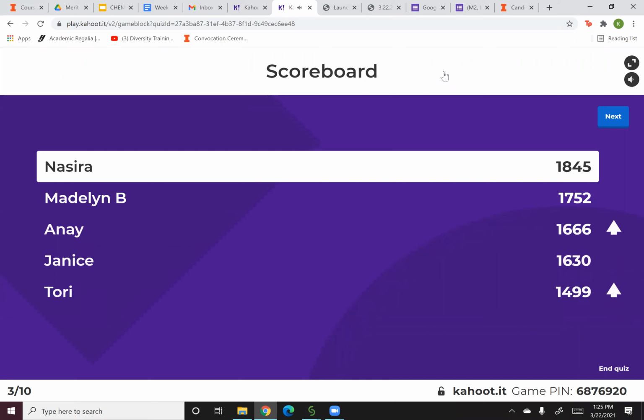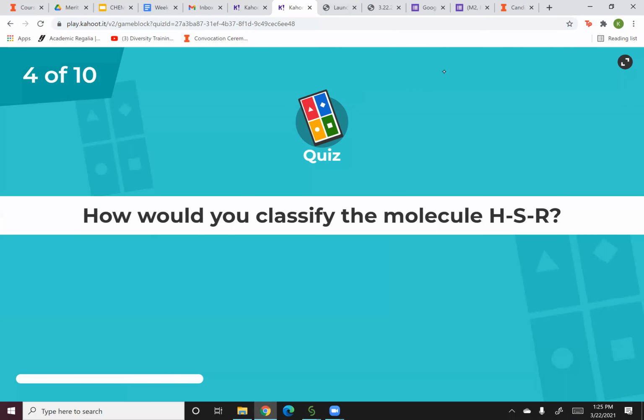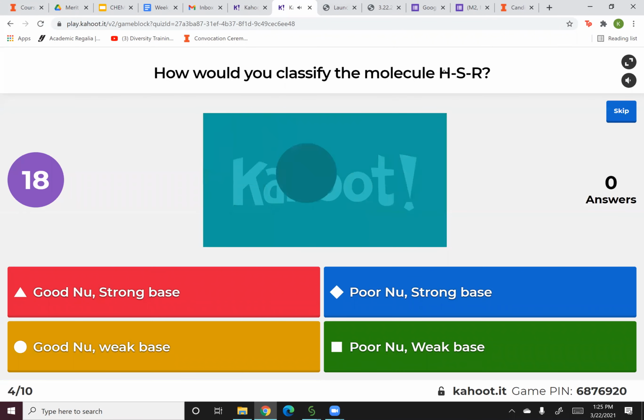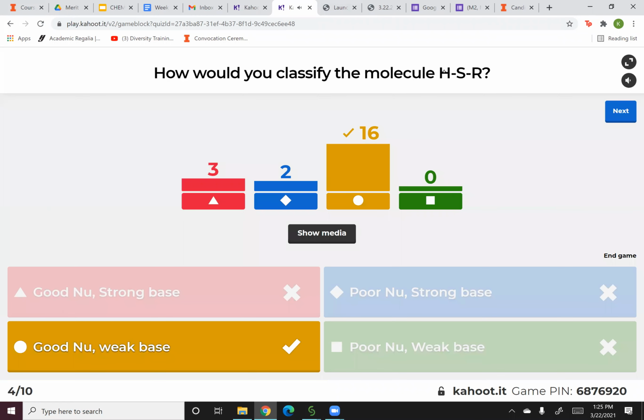All right, we're mixing things up a little bit. Okay, question 4. How would you classify the molecule HSR? So overall, we agree on this.